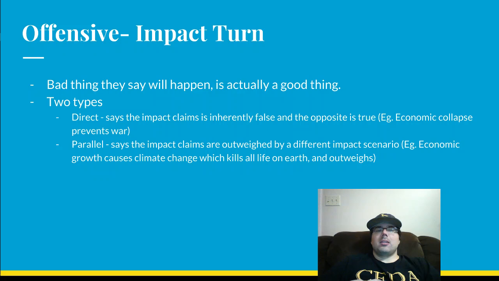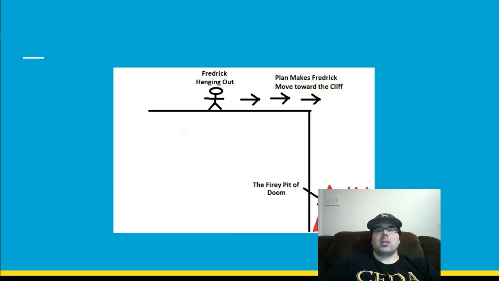And then the second type, a parallel impact turn, says that the impact claims are outweighed by a different impact scenario. So for example, economic growth causes climate change, which kills all life on Earth and therefore outweighs.